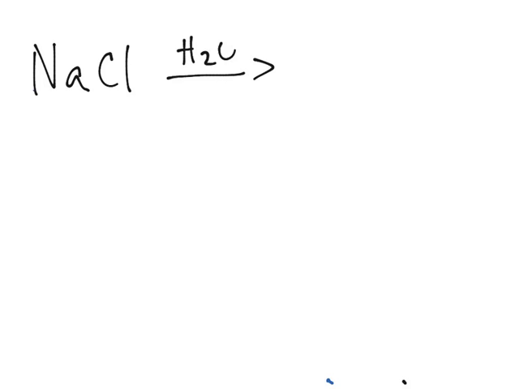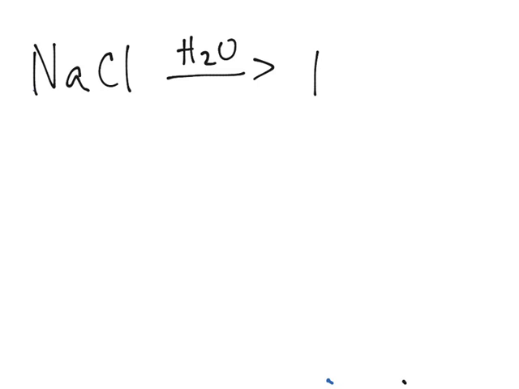Just so you can visualize it better, I'm going to give you an example of how an ion-dipole intermolecular force works. The most common example is NaCl. And when it interacts with water, it will separate into its ionic form.